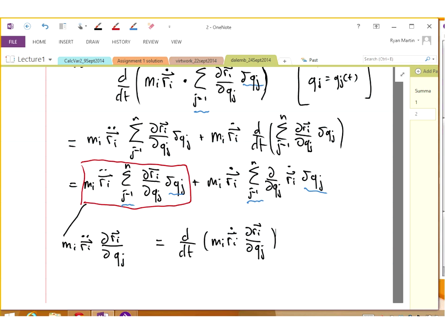I put the red term on the left-hand side, and then I'm left to write the first term and minus mi, so I'm now writing this term over here: mi ri dot, dotted with d by dqj of ri dot. Okay?